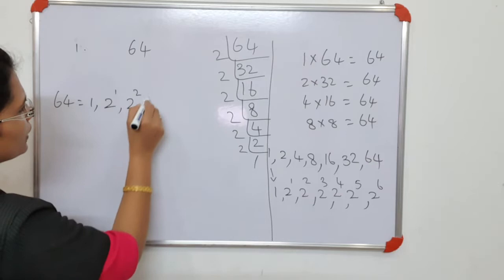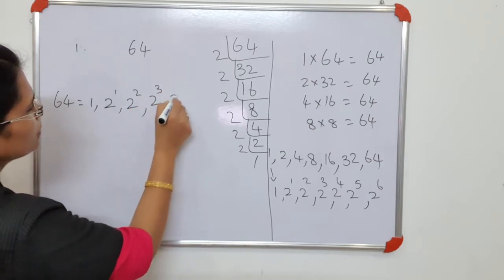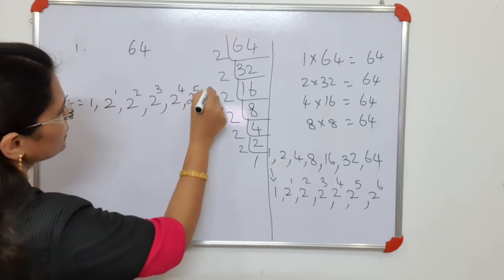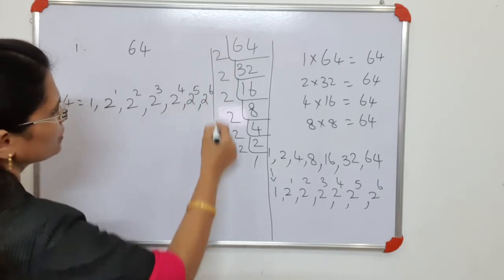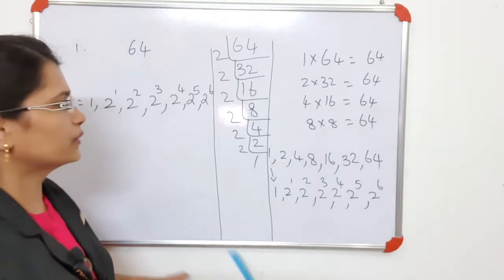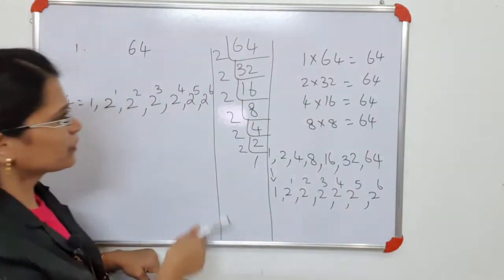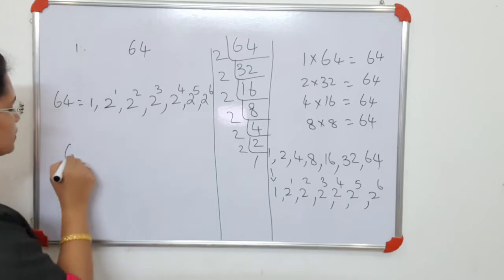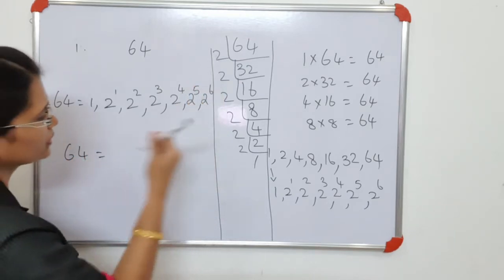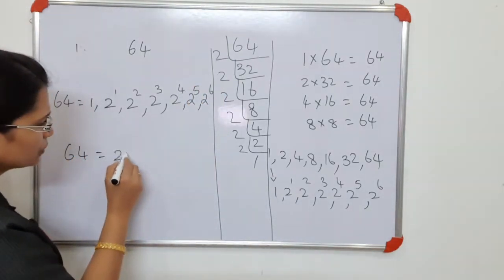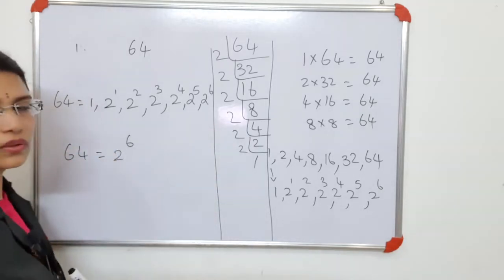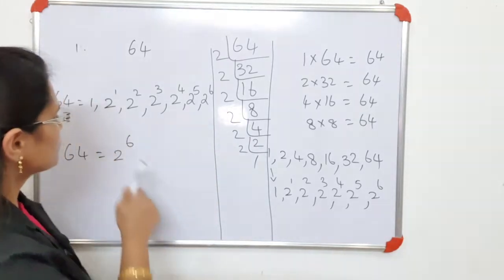Then 2 square, 2 cube, 2 raised to 4, 2 raised to 5 and 2 raised to 6. You can do prime factorization and then count how many times 2 is multiplied here. 64 is equal to 2 into 2 up to 6 times. So you will get 2 raised to 6. Right? So you can write like that.